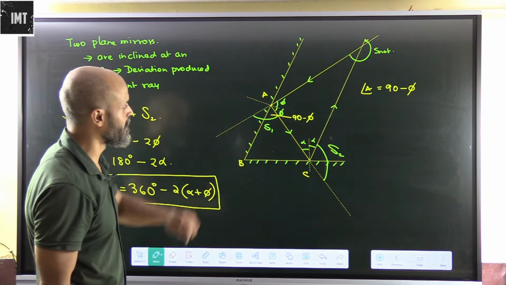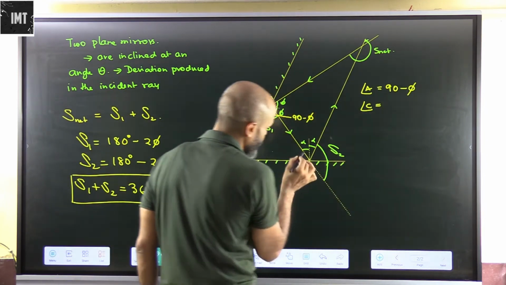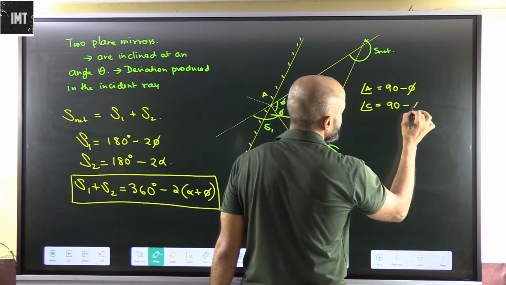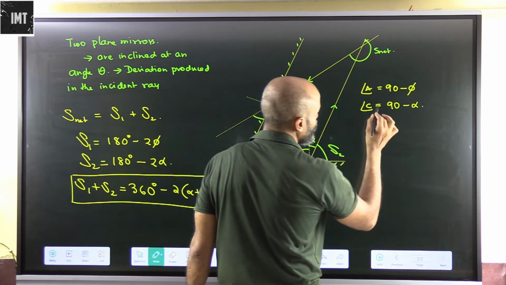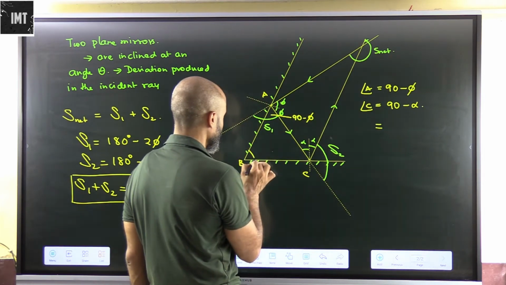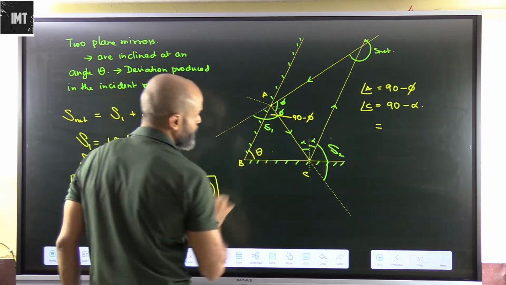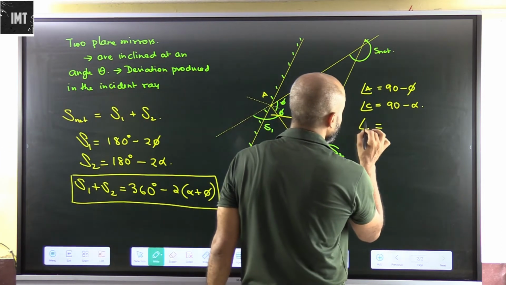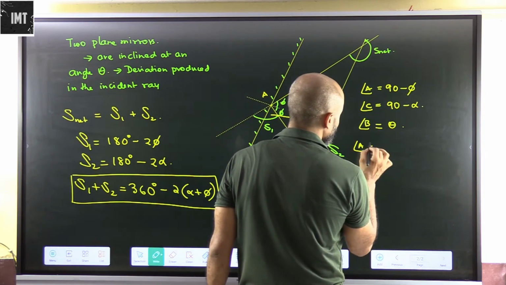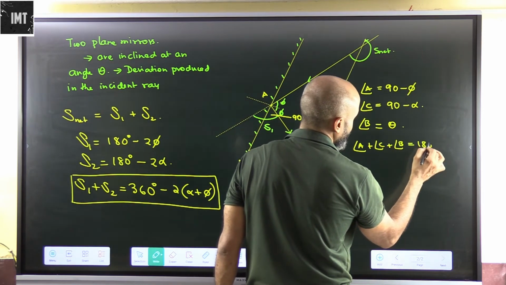Similarly, what will be the value of angle C? Angle C here will be 90 minus alpha. And what is angle B? Let's say two plane mirrors are inclined at an angle theta, so angle B is equal to theta. If we add angle A plus C plus angle B, this will be 180 degrees.